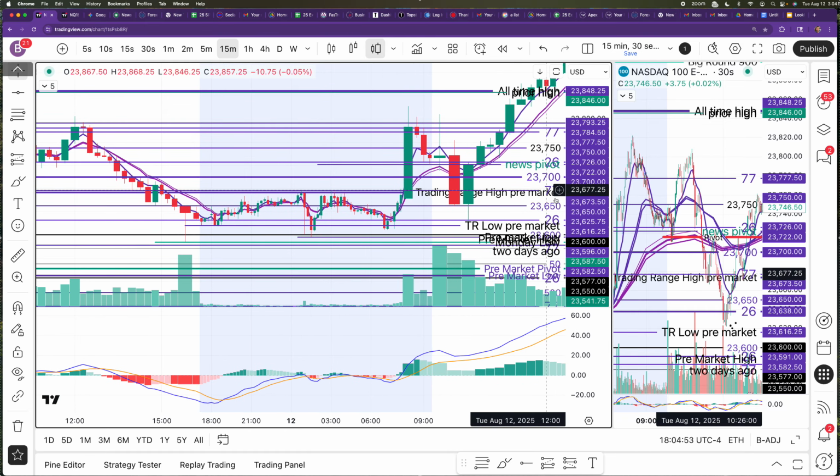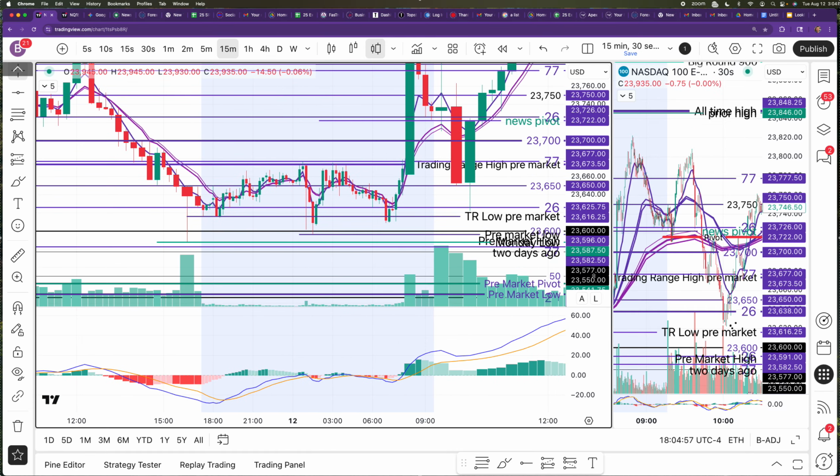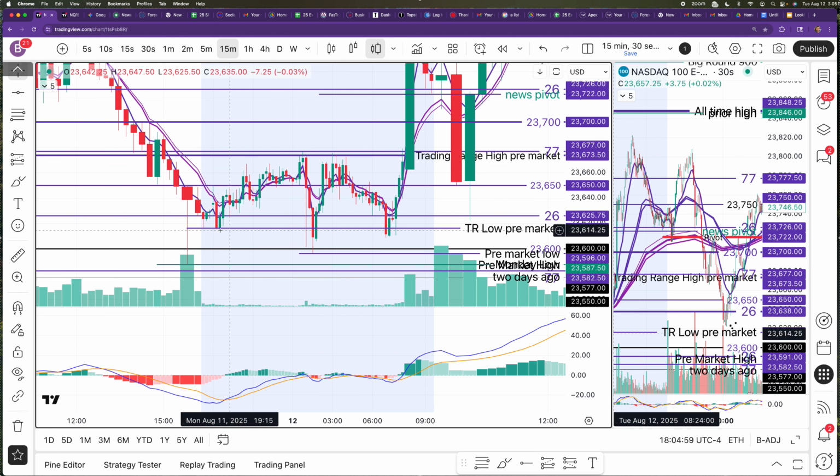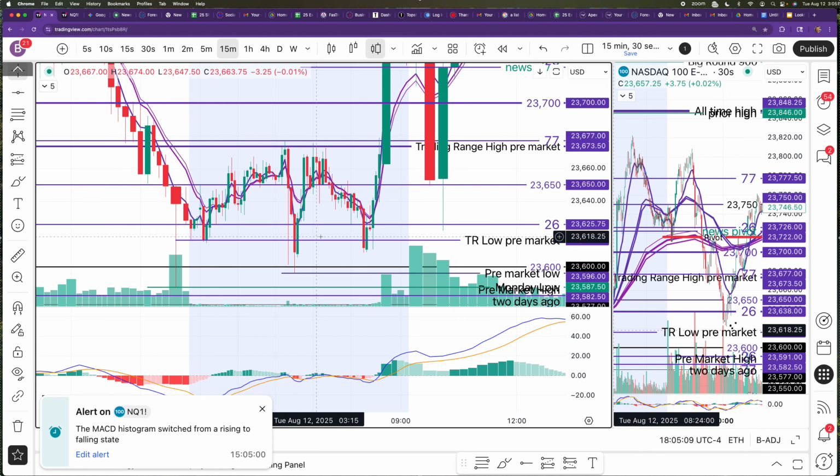What I've done here for the trading range pre-market is I've gone ahead and looked at where you had multiple swing lows in the market. Now, the actual pre-market low is down here because that's the low point of the pre-market session. But what I call the TR low, the trading range low, is where you have multiple touches.